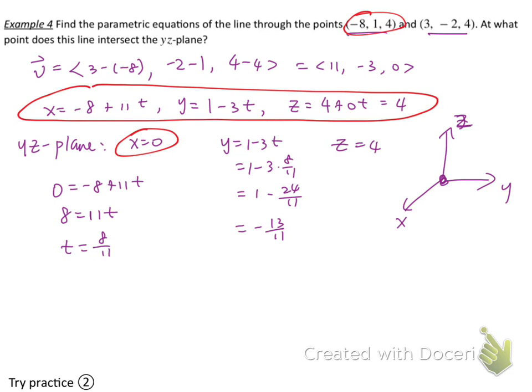That means the point on our line is x equals 0, y is -13 over 11, and z is 4. This is the point where our line will intersect the YZ plane. Now you can pause the video and try practice number 2.